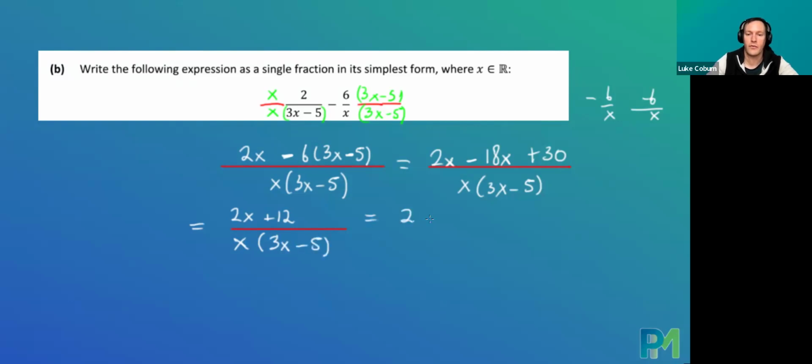And then the top line is 2x plus 6 over x times 3x minus 5. Do you have to do that last line? Sometimes you can actually cancel further. It could have happened that this was 3x minus 5, then we would have just been left with that, right? So now we're done. We've written it as a single fraction in its simplest form.